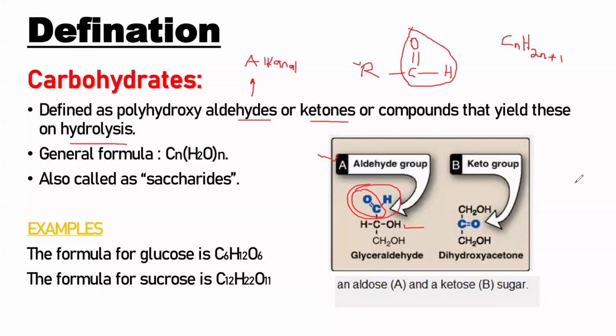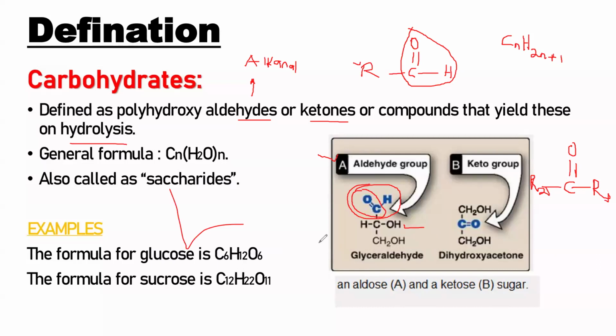In the case of ketones, the carbonyl carbon, that is the carbon bearing the double bond, has two different R groups. So we have R1 and then we have R2.